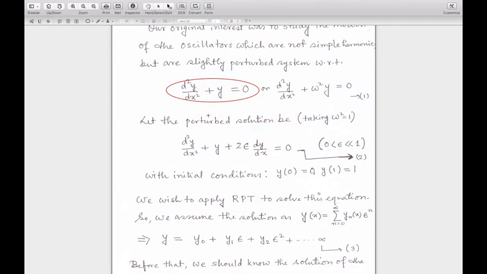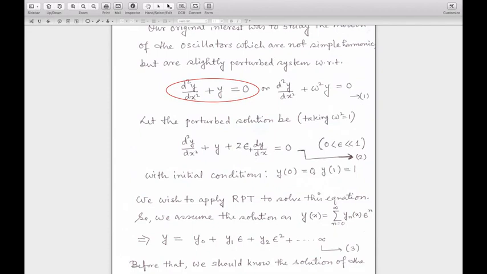Now we want to see how this equation behaves when a small perturbation term, let's say 2 times epsilon times dy dx, is added to the system. Beforehand we also discussed this type of system, in general with a coefficient not necessarily very small.